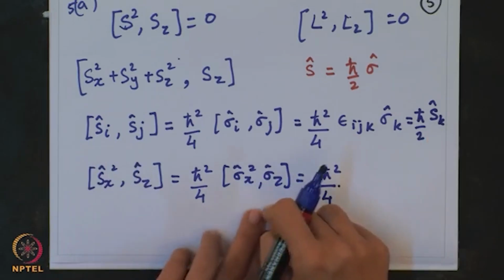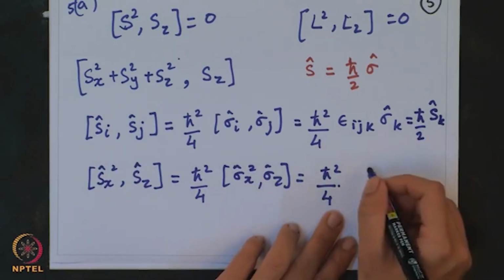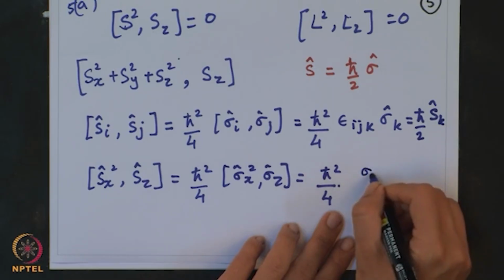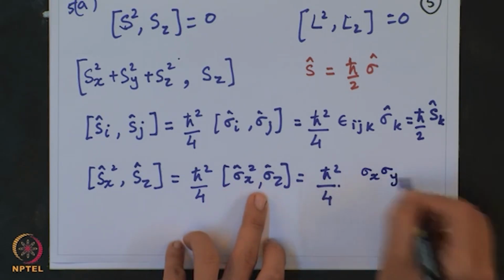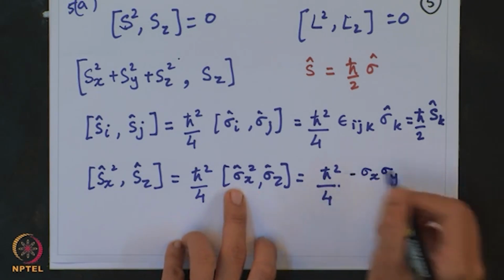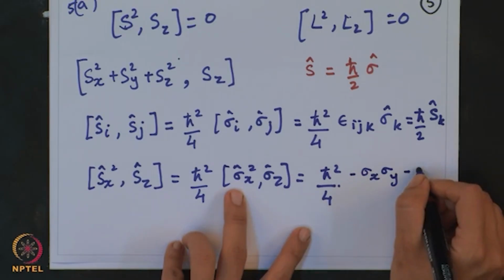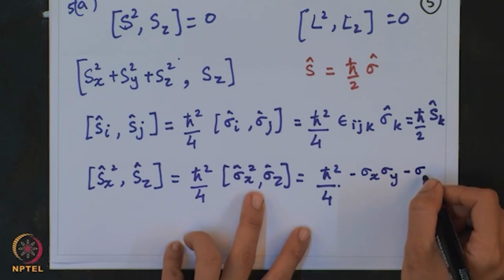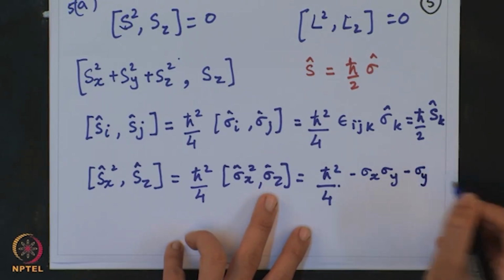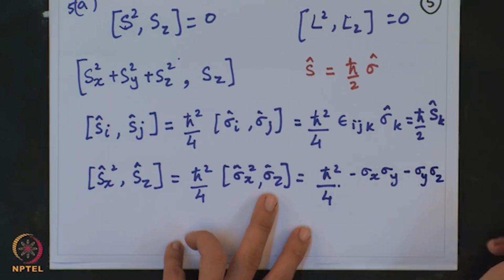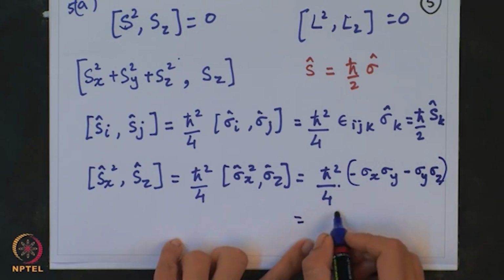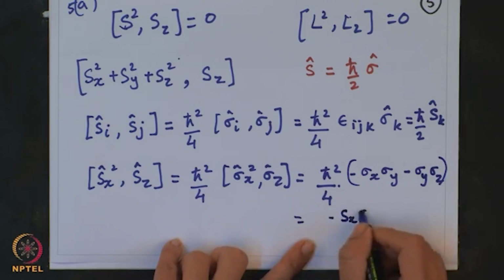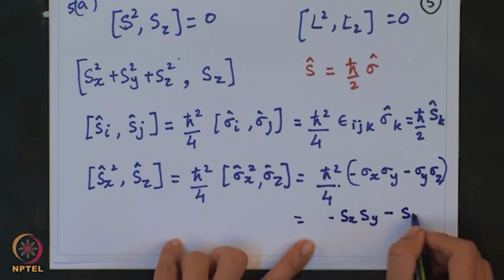So, if I substitute for this, I will have sigma x, so I will have a y, so minus sigma y sigma z. So, when I am rewriting this, I will have the form minus SxSy minus SySx.